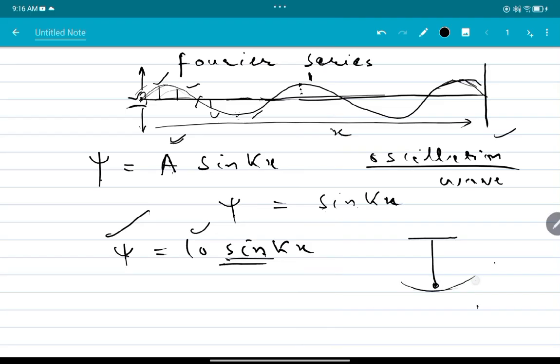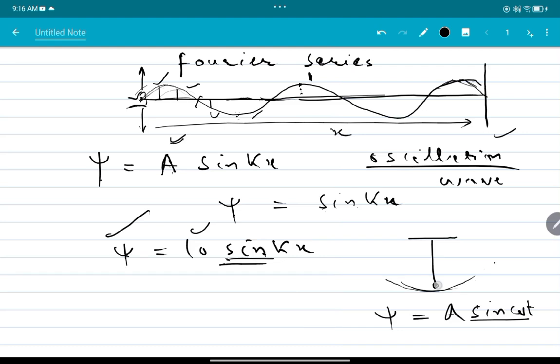It is an oscillator. This displacement psi is changing sinusoidally with time. We write it A sine omega t. That means it increases, then decreases, then reverses direction and increases in that direction, then comes back, and so on. Its displacement follows a sine curve.